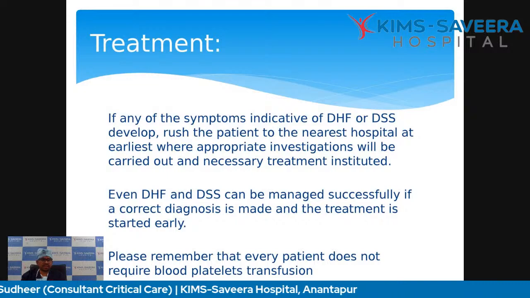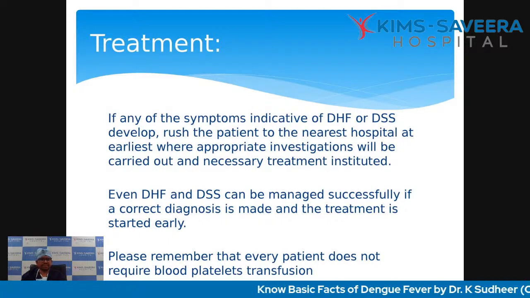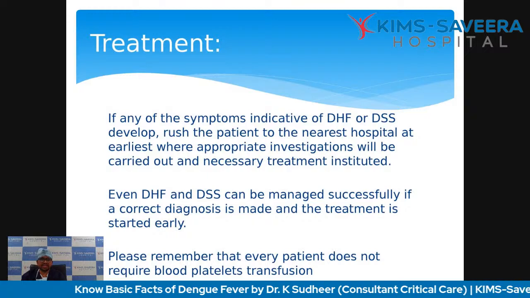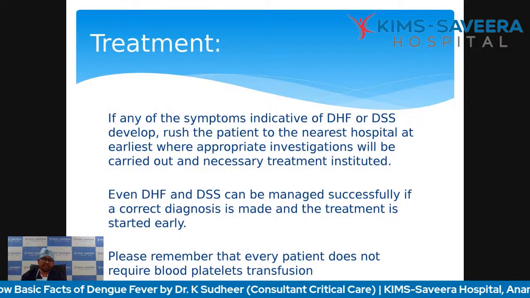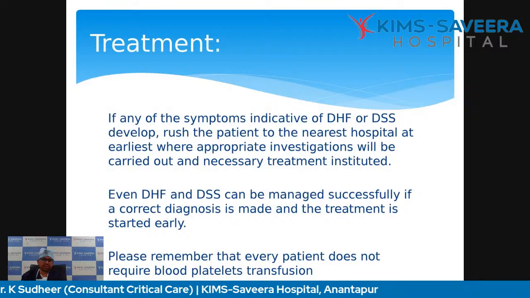Even dengue hemorrhagic fever and dengue shock syndrome can be managed successfully if we have a correct diagnosis and start treatment as early as possible. That's why recognizing the warning signs is important to save the patient.